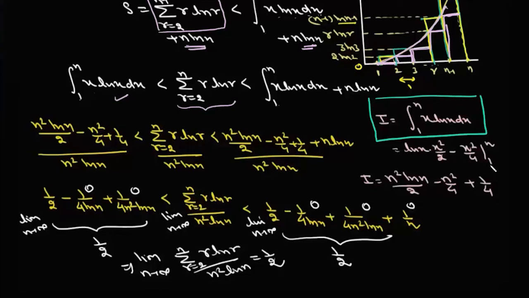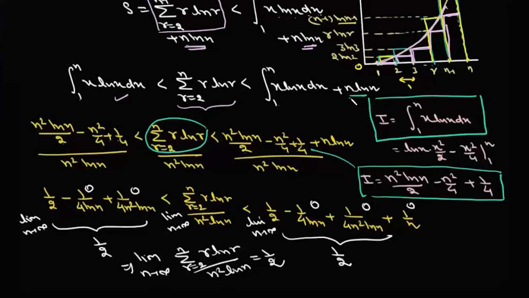So if we put the upper limit and lower limit, we'll get this integral as n square log n by 2 minus n square by 4 plus 1 by 4. So now we can write this summation of r log r will be greater than n square log n by 2 minus n square by 4 plus 1 by 4, and it will be less than n square log n by 2 minus n square by 4 plus 1 by 4 plus n log n.